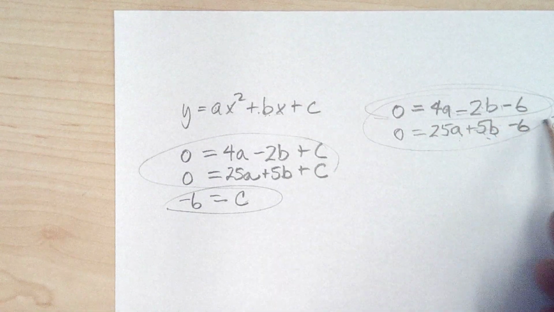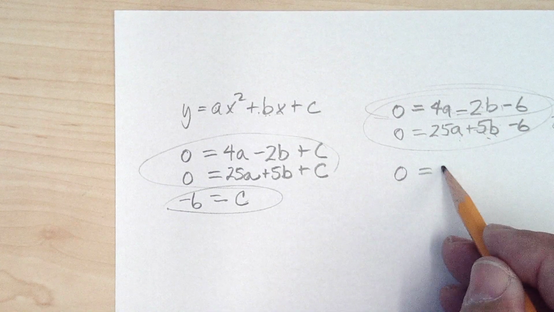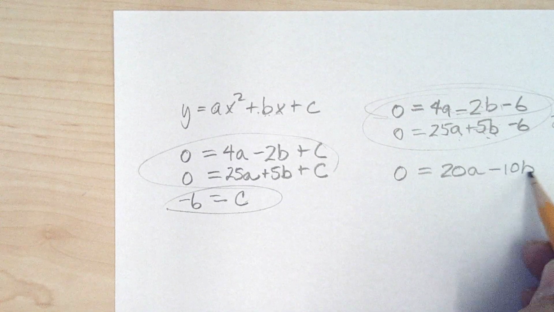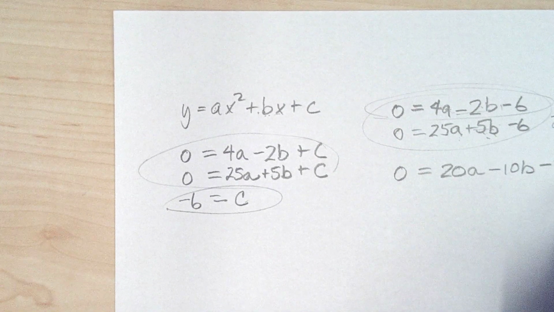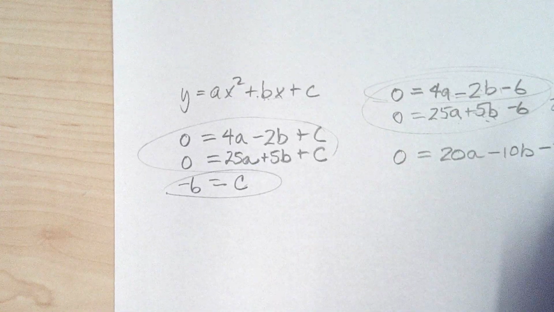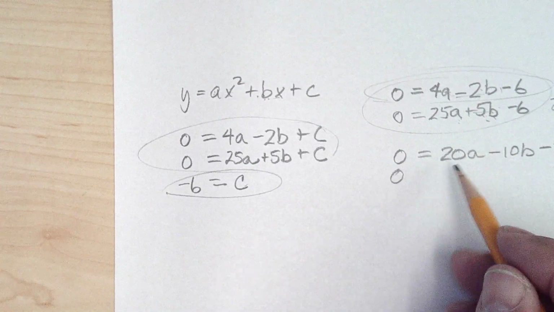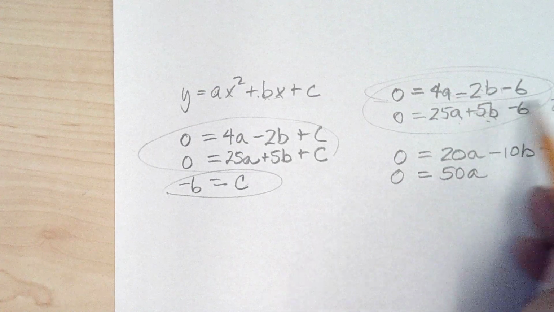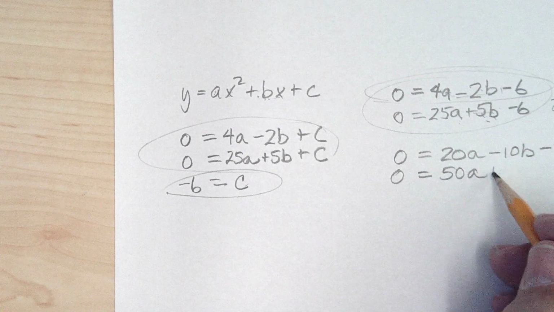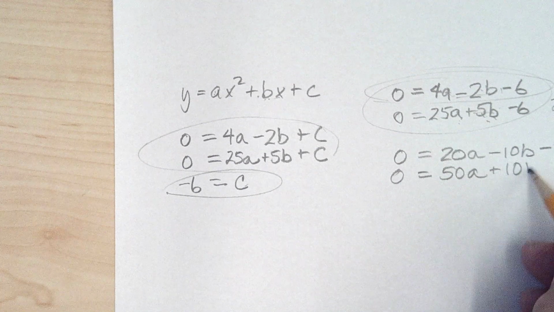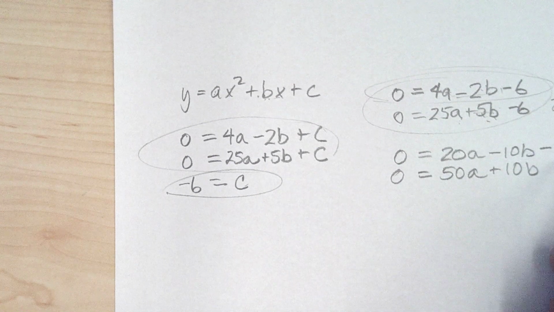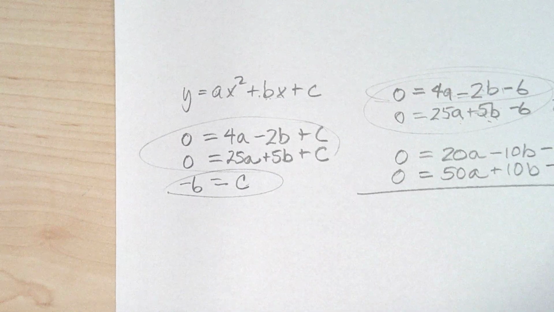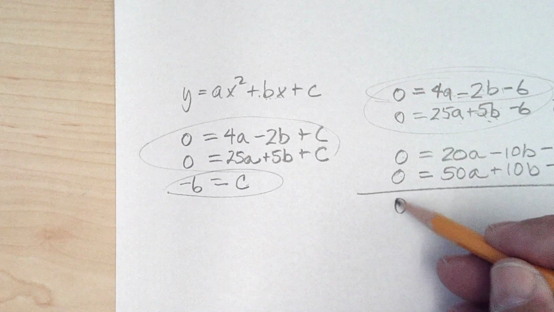So 5 times all this would be 0 equals 20a minus 10b minus 30. 2 times all this would be 0 equals 50a plus 10b minus 12.